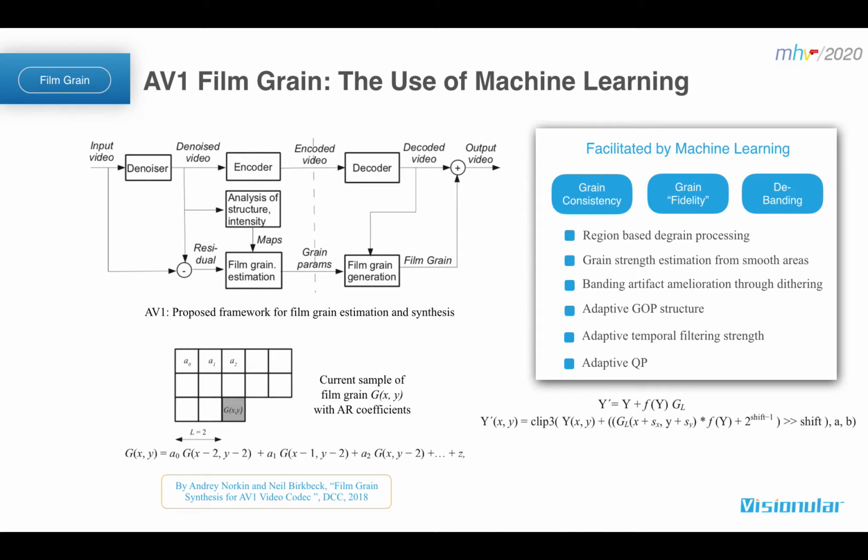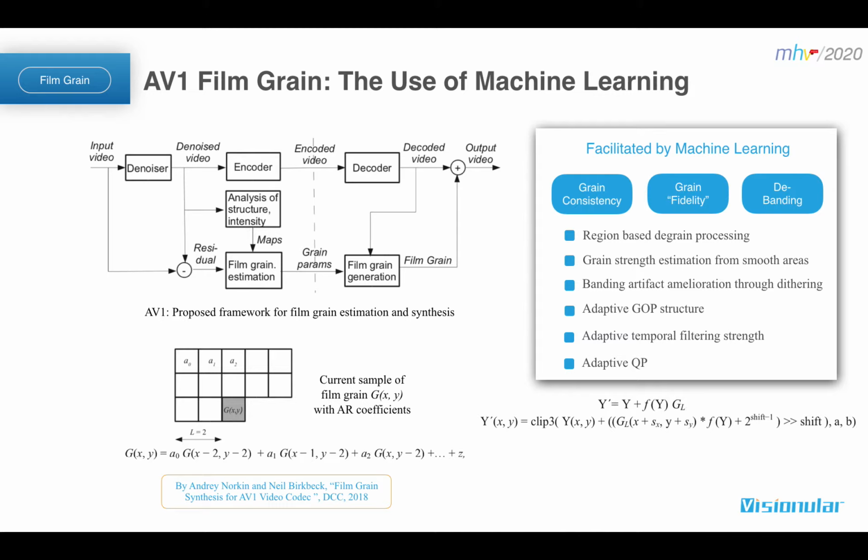In the workflow shown in this slide, it can be seen that there are 2 major steps for implementing the film grain coding tool in AV1. At the encoder side, there's a degrain process.